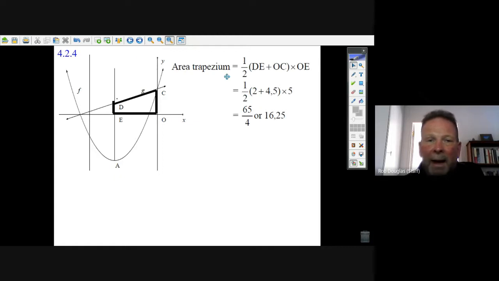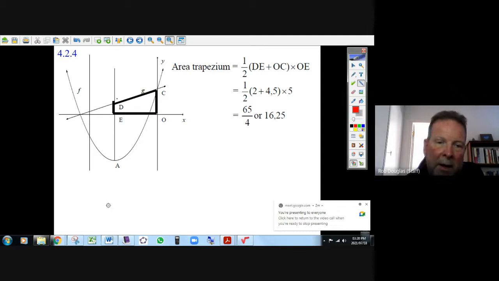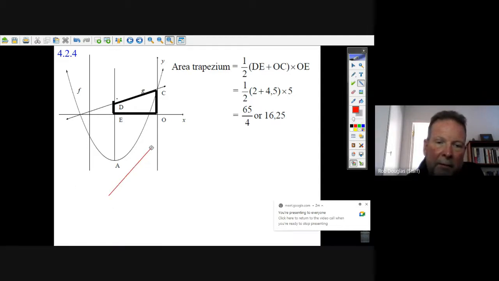I want to go back here to the parabola. Actually, we can go look at the parabola right here. If I make a line here, maybe in red, I'm going to put it like this. And what they're talking about is a line that touches right here. That line with the gradient of 2 will only touch in one place here.